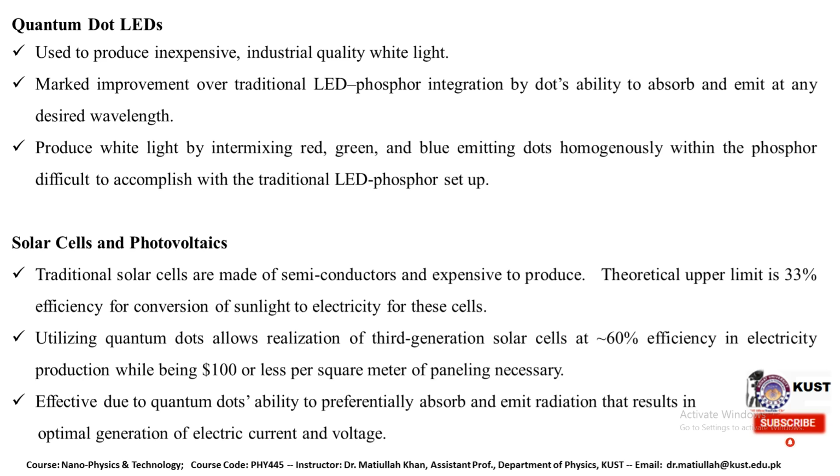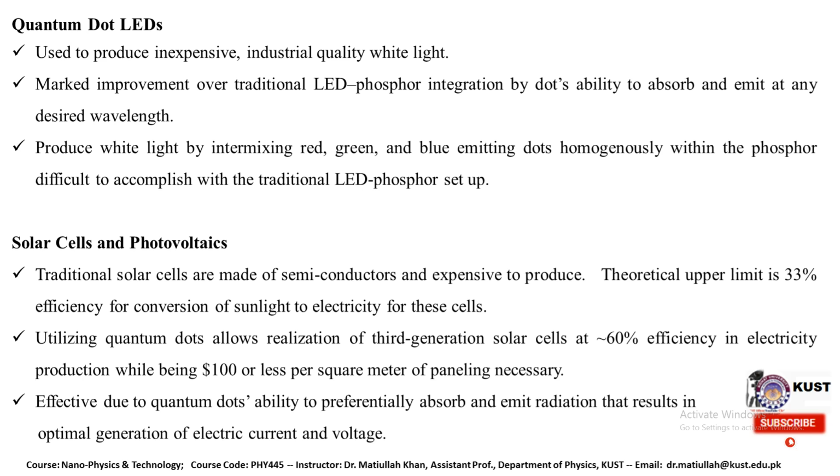In solar cells we can use quantum dots. Traditional solar cells are made of semiconductor and are comparatively expensive to produce, and their theoretical upper limit is 33% efficiency for conversion of sunlight to electricity.